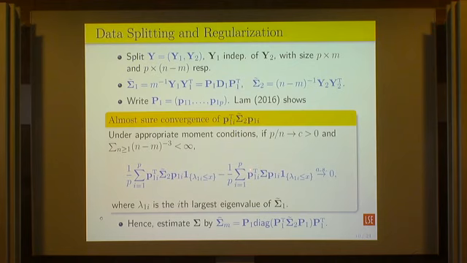The broad picture is, if we split it into two sets and construct two sample covariance matrices, then if we use the eigenvectors from the first covariance matrix to form a quadratic form with the second set of data, so you see P1i is the eigenvectors from sigma 1 tilde, but the quadratic form is formed with sigma 2 tilde instead.